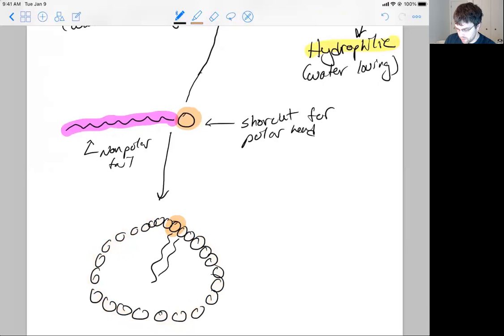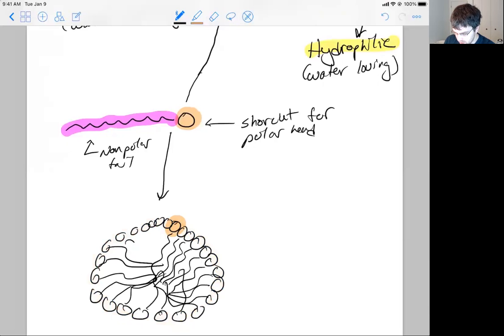We can capture the main point. We're going to put these heads, the polar heads, around the outside, and then on the inside, we're going to have the nonpolar tails sort of interweaving within this spherical object.